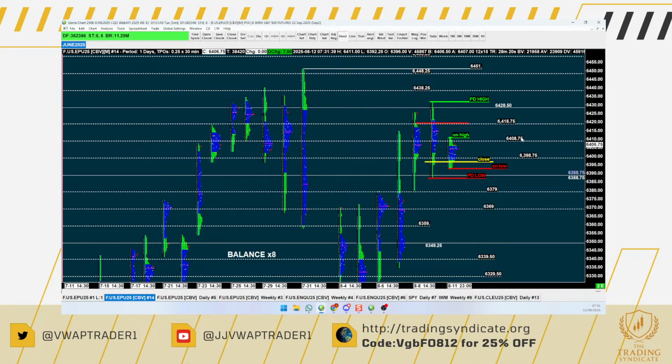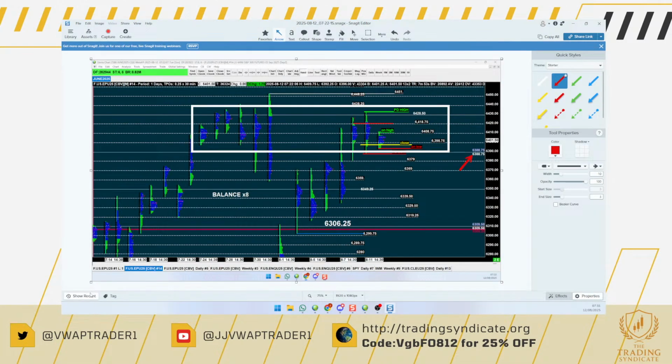Well, folks, here we are again. Yesterday on X, I posted this graphic where we're in a big distribution balance, and we liquidated and came right back into that balance.